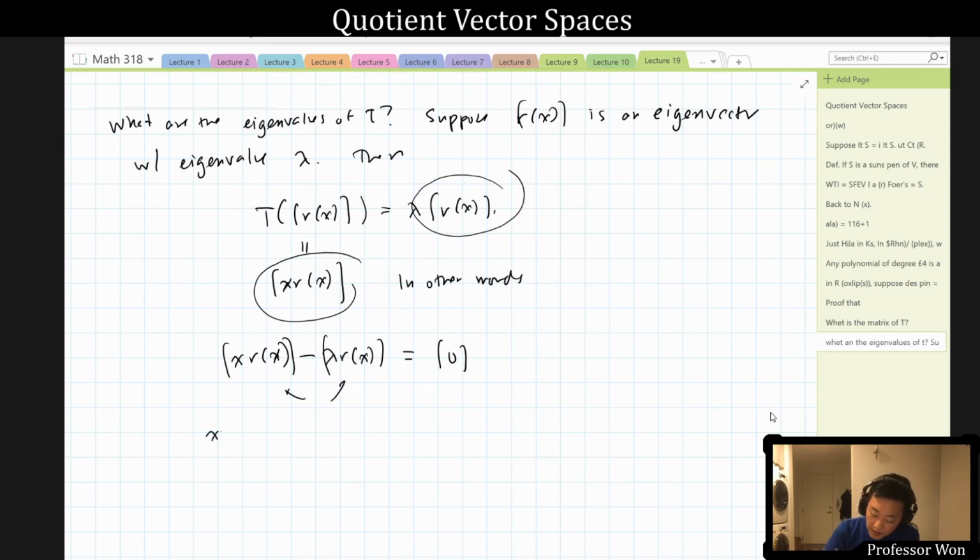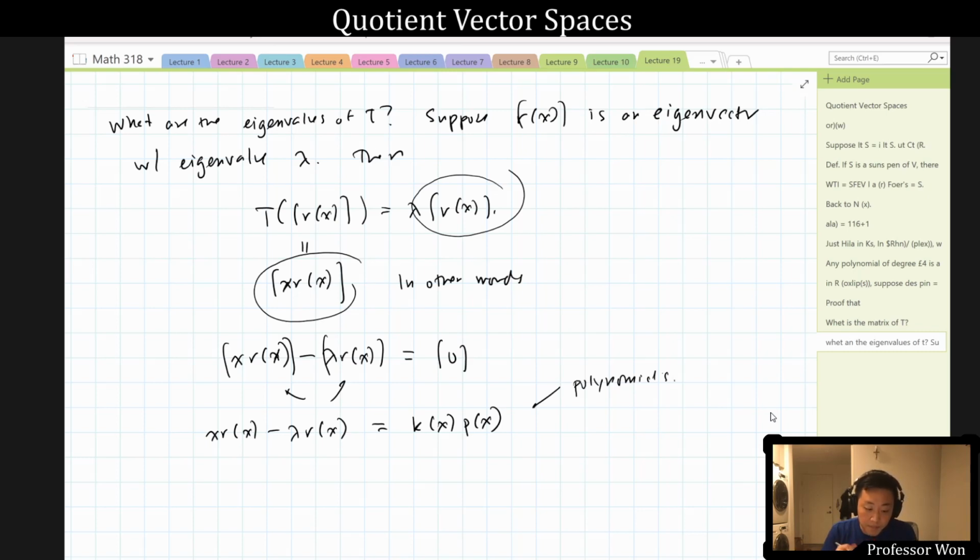These two polynomials are a multiple of P away from each other. Just like if you say two equivalence classes mod 5 are the same, the difference is a multiple of 5. Okay, so if you have an eigenvector with eigenvalue lambda, it means exactly that x Rx minus lambda Rx is a multiple of P of x. And these are polynomials, these are not equivalence classes at this point.